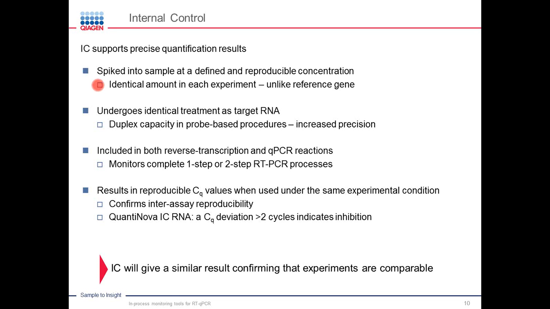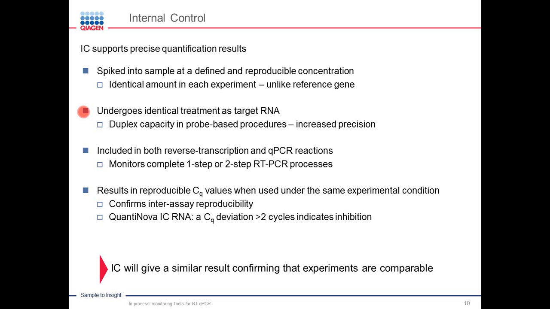It should have a very, very similar CT or CQ value from run to run to run. And this is how it differs from a housekeeper or reference gene that would differ from extraction to extraction. An internal control shall not differ from extraction to extraction. And it will always undergo the absolutely identical treatment as our target messenger RNA we're looking at.